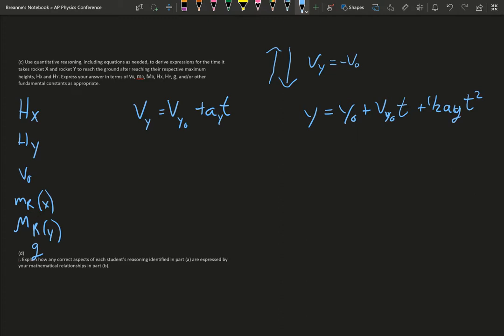So we can put that this is a negative, that plus gt. And you can just sit there and solve for our t.